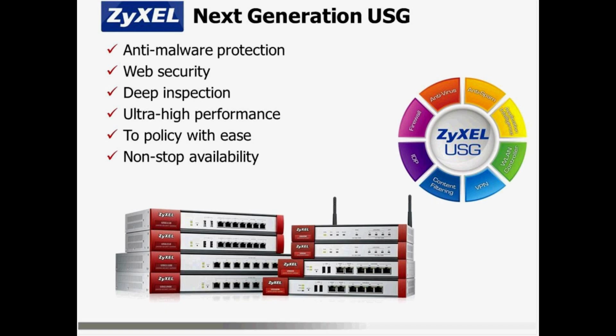So there might well be slight time delays in those checks, depending on how active the processes and the servers are, etc. But there is some caching on board the USGs as well. So if you go into regular websites, it will cache those within the USG, so it doesn't have to keep going out and checking those on a regular basis.